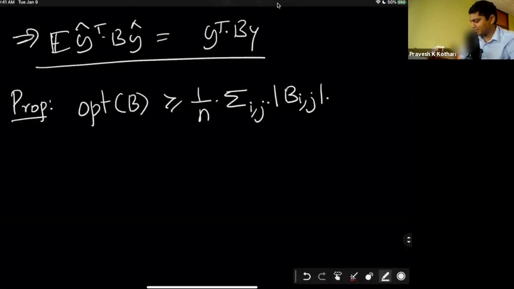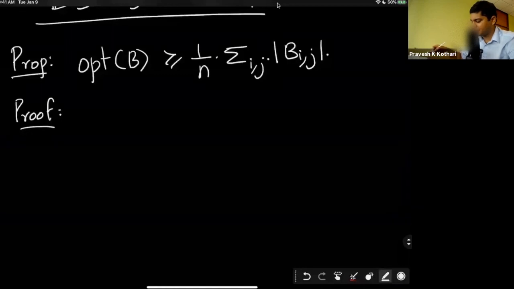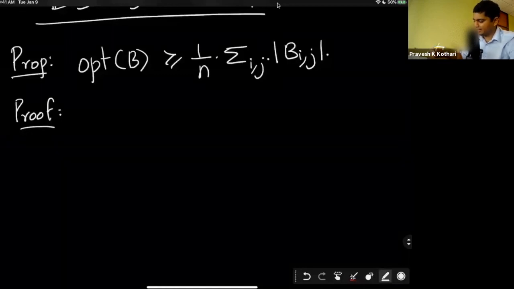I want to do a very quick proof of this. Here's the idea. Again, I'm going to give you a randomized choice of points in the hypercube, which in expectation achieve the right-hand side as the value. That's basically enough to prove that opt of B is large.